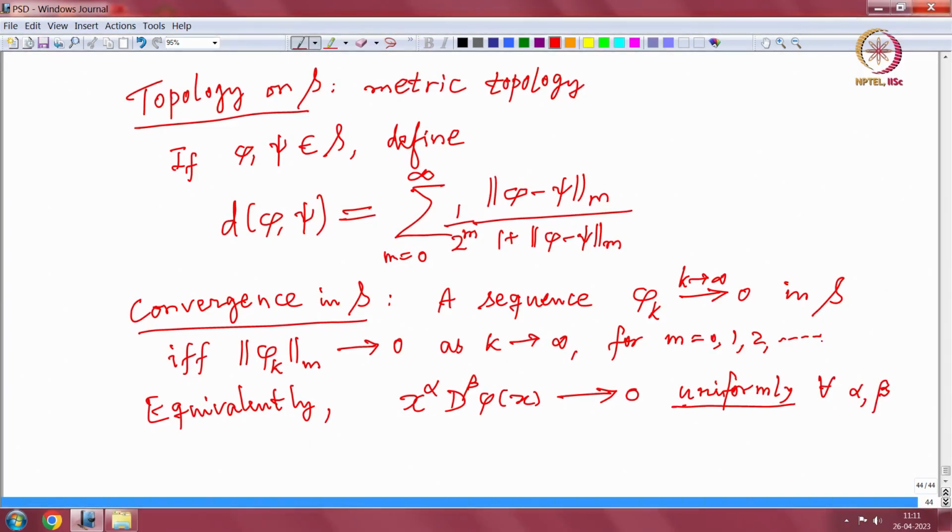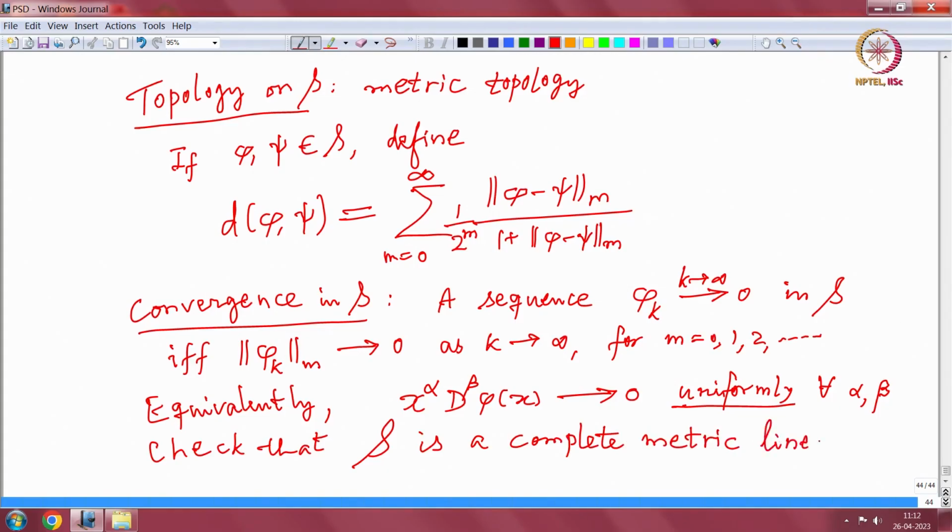And with this thing you can also check that, this is important for us, completeness. S is a complete metric space. So, it is a topological vector space where topology is given by a metric.